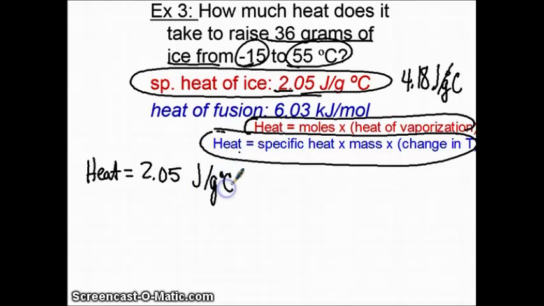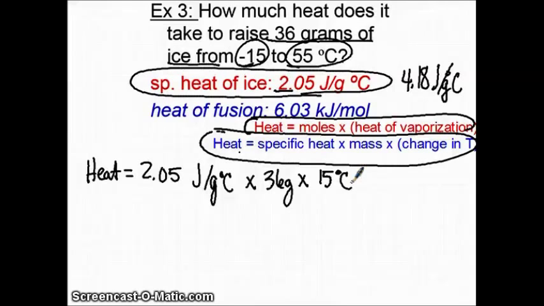We have the units there, times the mass, which is 36 grams, times the change in temperature. The change in temperature is going to be 15 degrees to get from -15 to 0 degrees Celsius. So that's going to be the first equation there. That's just to get to 0.